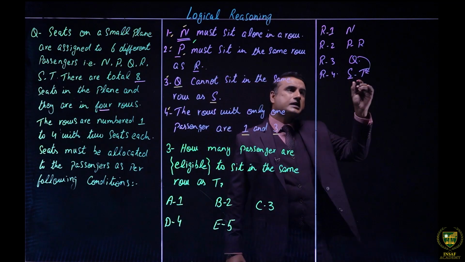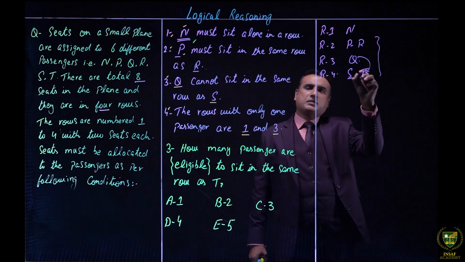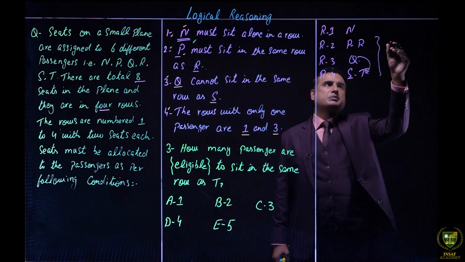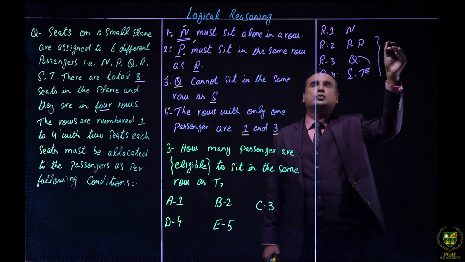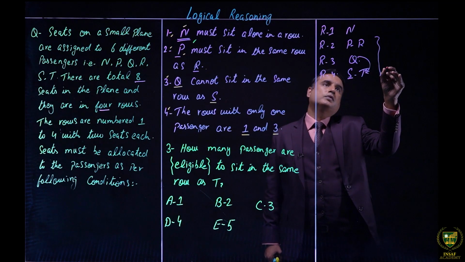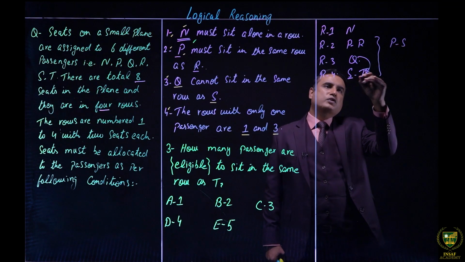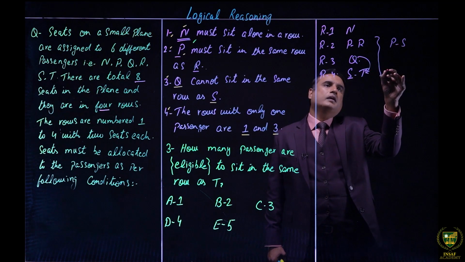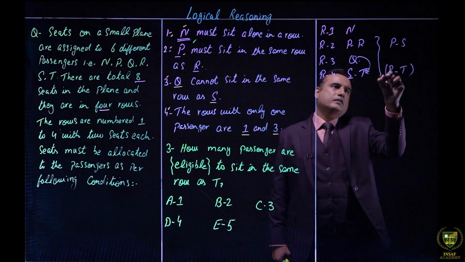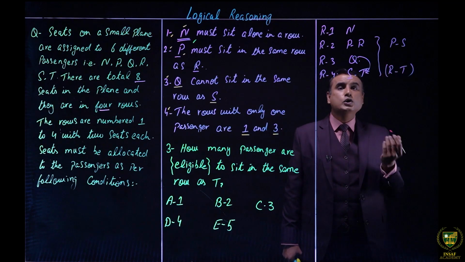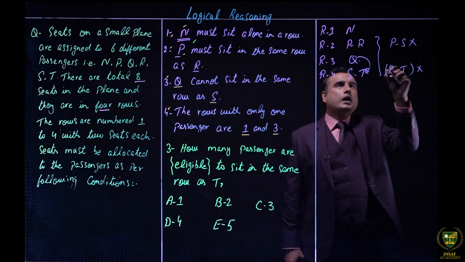Okay, is there an option कि हम क्या करें, P और R को वहाँ करने की बजाय मैं कर दूं P and S और इसको इधर ले आऊं R and T. Is it possible? No, it is not possible. Why?